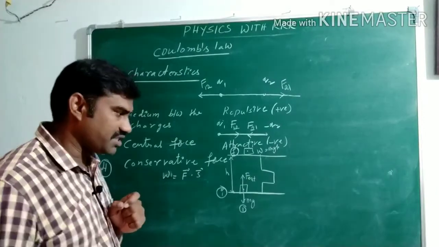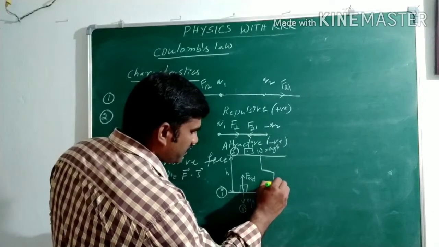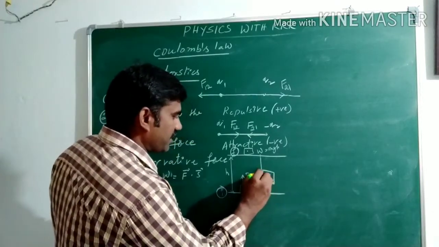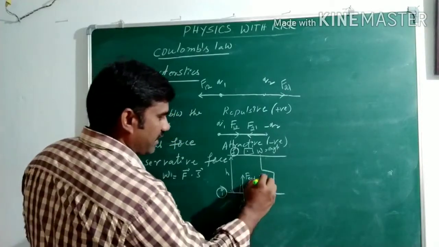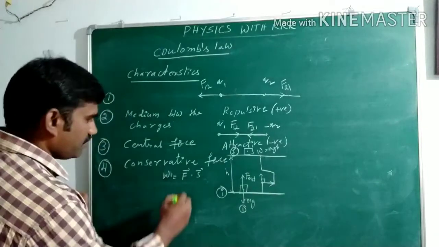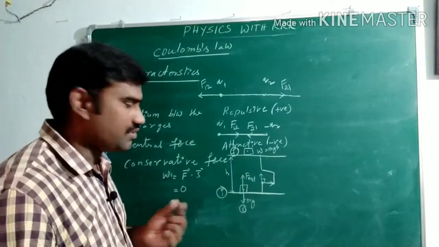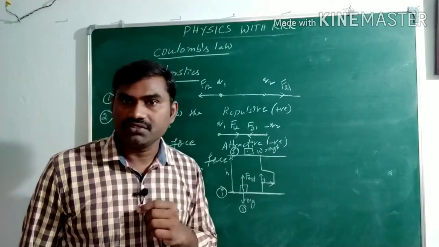W is Fs cos theta. When I take this path, the external force is acting in this direction, but the displacement is in another direction. Now the angle is 90 degrees. Fs cos 90 is 0, so the work done will be equal to 0. So during this path, the external work done is 0.